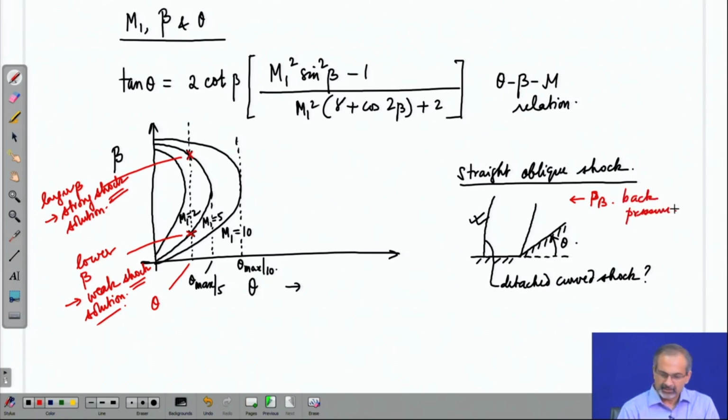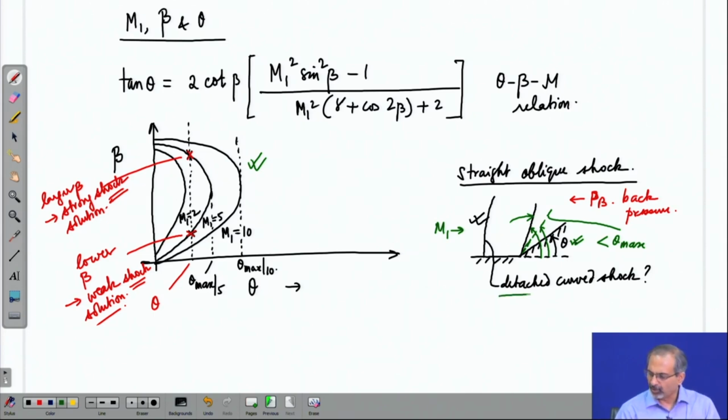So, you could have a situation like this, that you have a low enough back pressure, you have a certain M1, you have a certain defined theta which is less than theta max, and you have two solutions, two betas. So, obviously, from this plot you can now correlate which is the weaker shock and which is the stronger shock. That is left for your thinking.